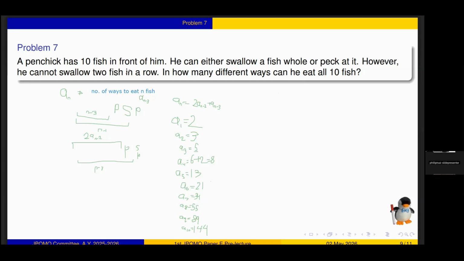So if the problem states that the sequence depends on previous values of itself, which is called a recurrence, then it's usually nice to try to make a recurrence using casework.